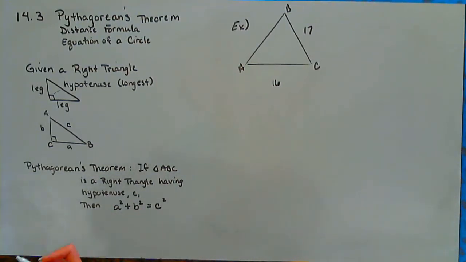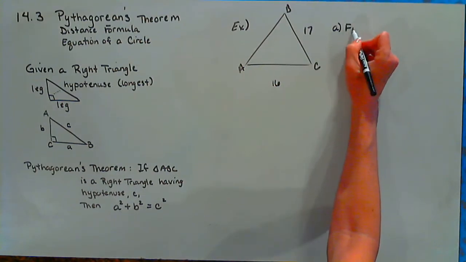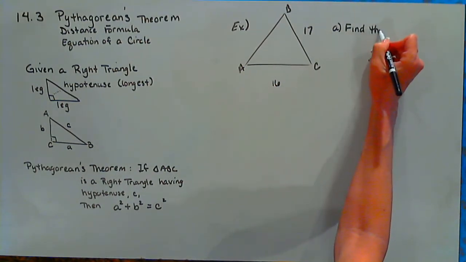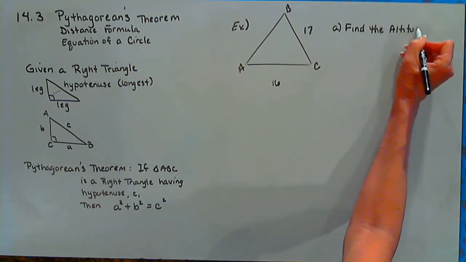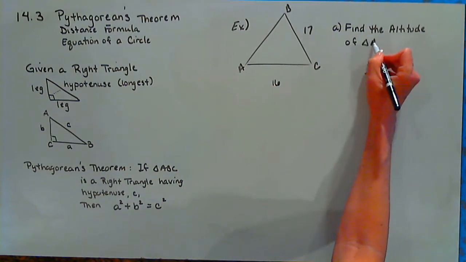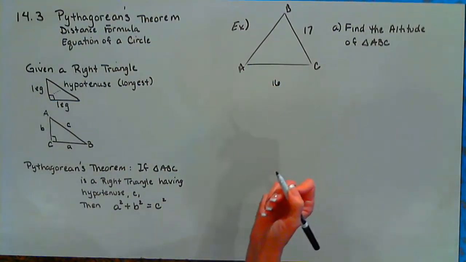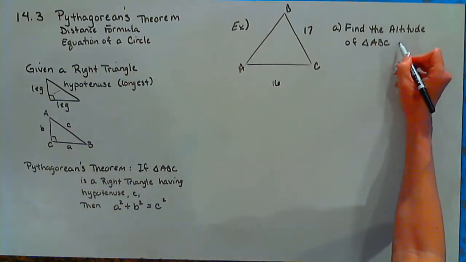And what I'd like you to do is actually twofold. The first part, find the altitude of triangle ABC. Okay? But I'm going to give you another piece to help you out here.